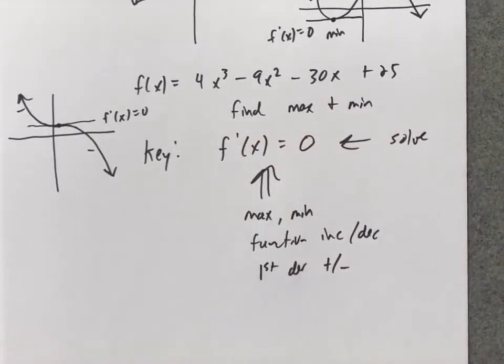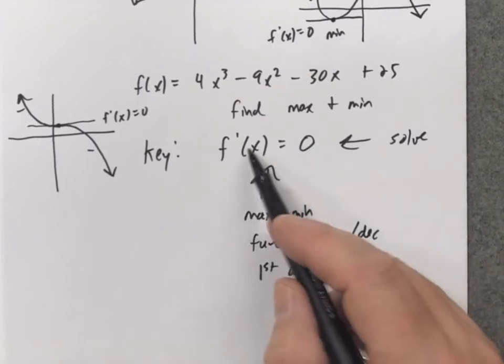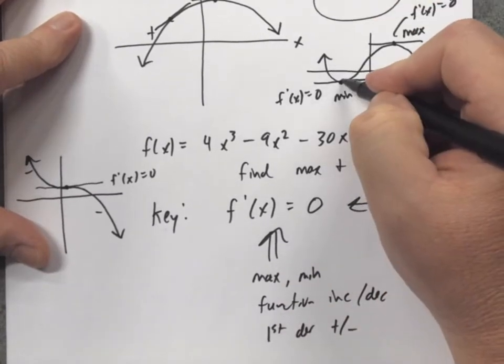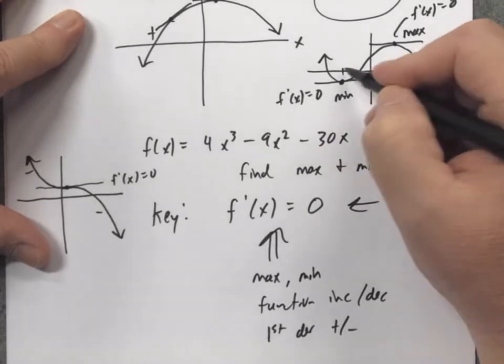It's all based upon looking at when the first derivative is 0. Because what's going on here? The first derivative being 0 gives us a way to find these values of x.